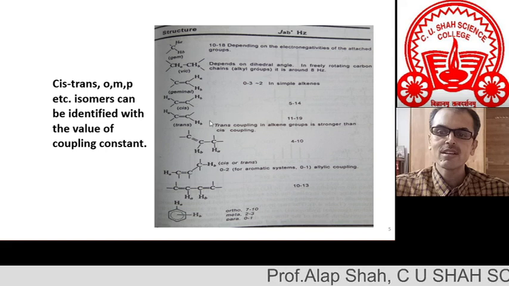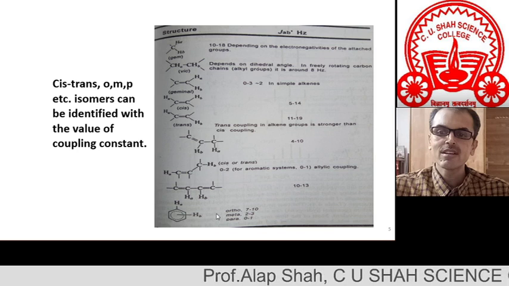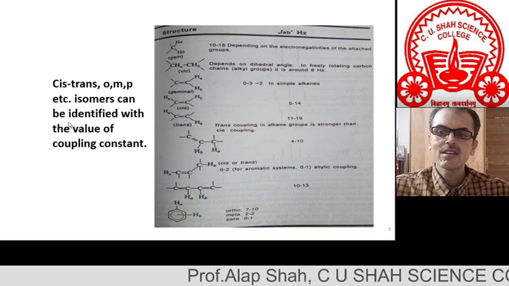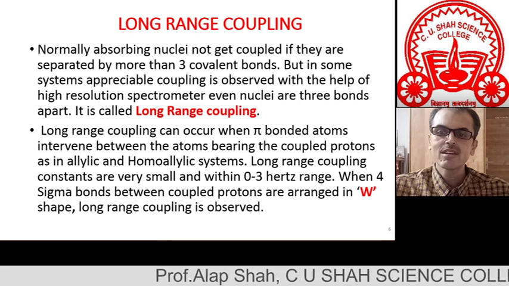From this slide we can say that it can be very useful in distinguishing between isomers, whether they are cis, trans, vicinal or geminal, or whether they are ortho, meta and para, which is written over here. So now let's discuss long range coupling.